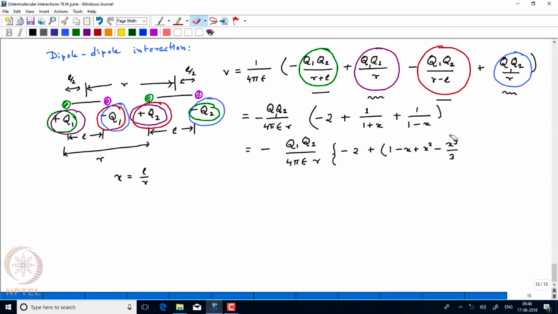I should write it in the series form, and then I have a plus 1 by 1 minus x, which is 1 plus x square plus x cube by 3, and so on.